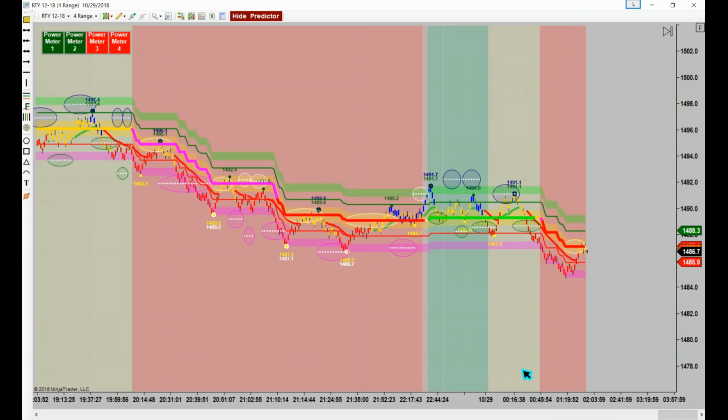But the one thing that I think a person really needs to do is to realize that when you get this red background, after like a trend change, I'm not looking for longs at this time, okay?